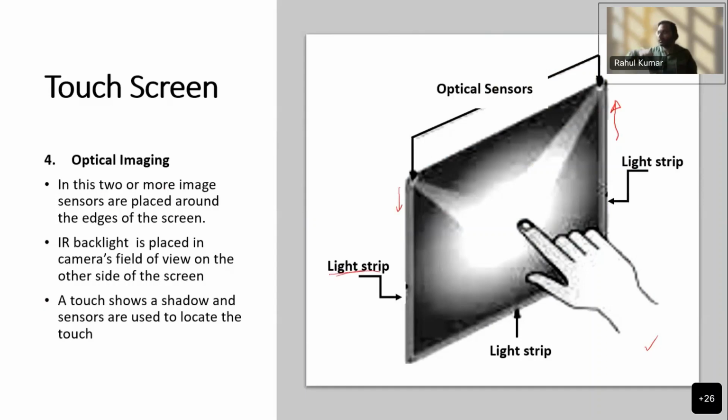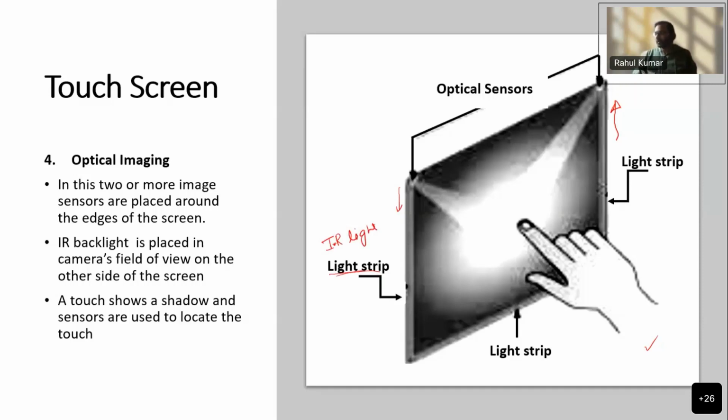So we have a strip of light which is producing light on the screen. Now this light can be visible or it can be infrared. Generally we use infrared light, IR light, which is not visible to the human eyes.